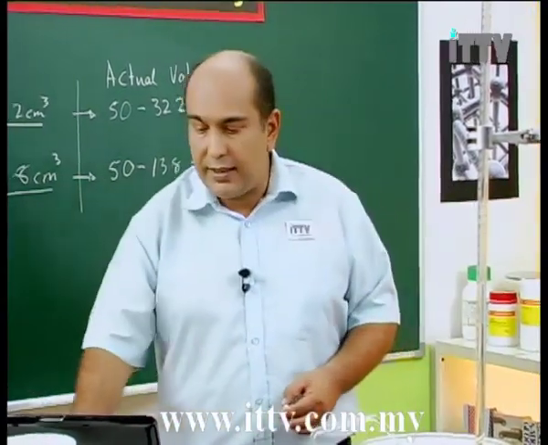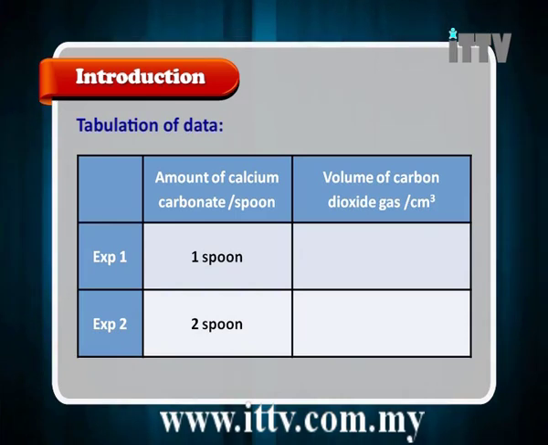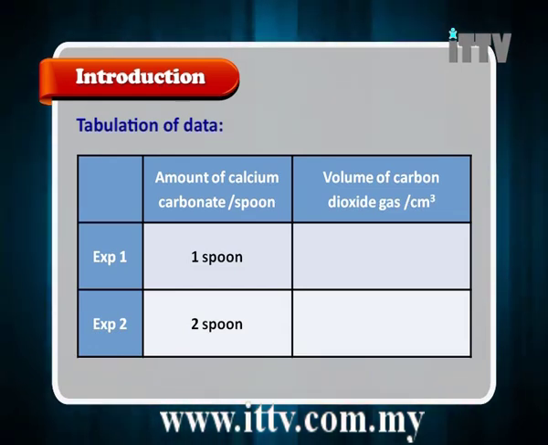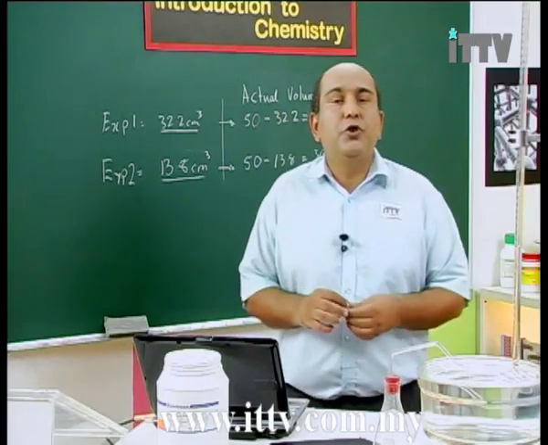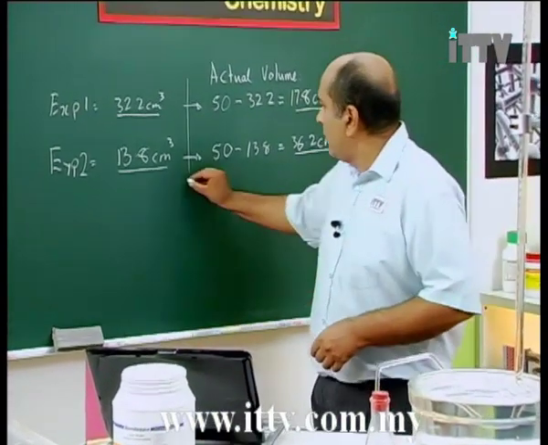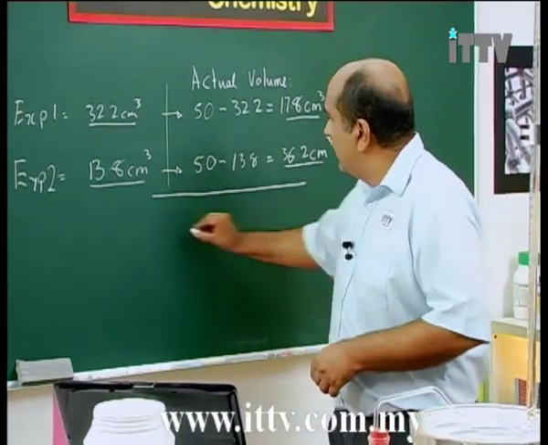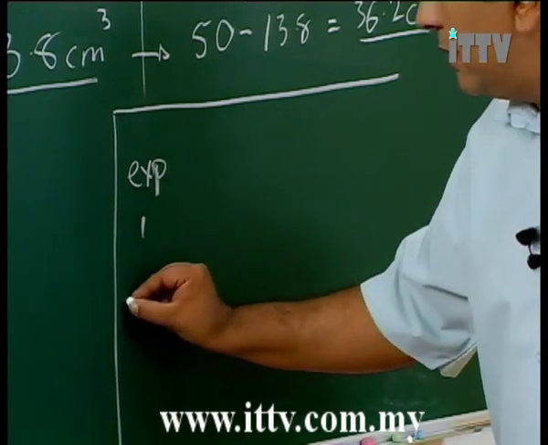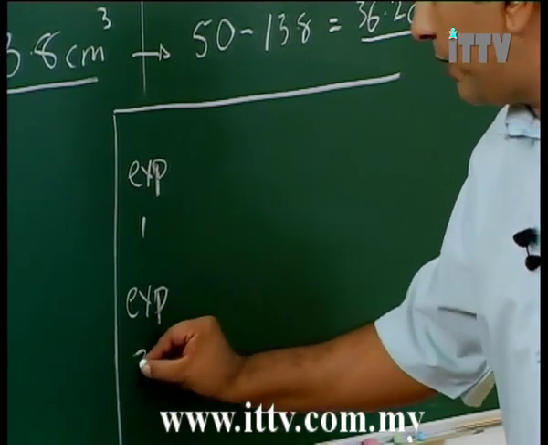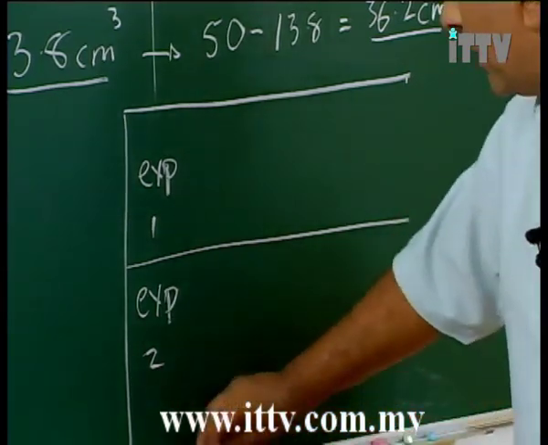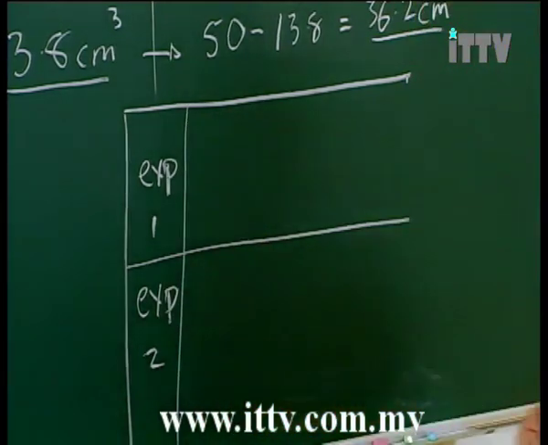Now, tabulation of data. In tabulation of data, the first column is where we write the manipulated variable, and the second column, the responding variable. So let's do a table for our results. So we draw a table over here. Here we have experiment 1 and experiment 2. Let's put in the key information.